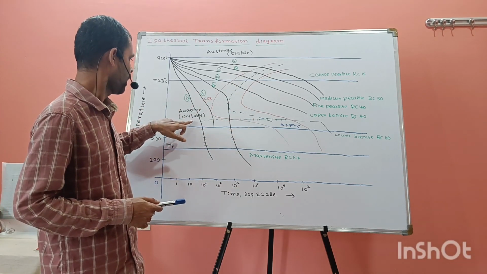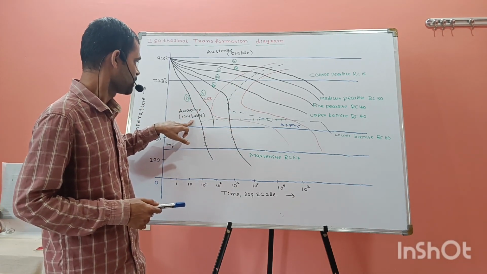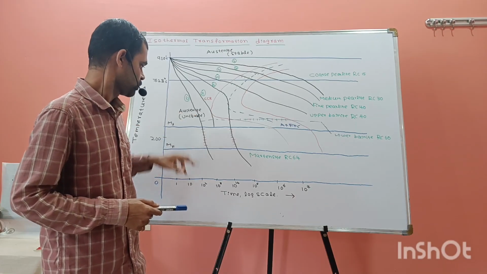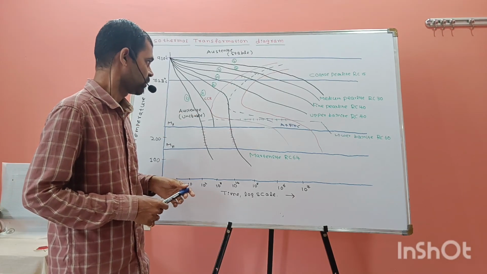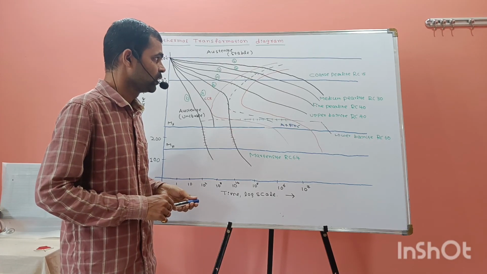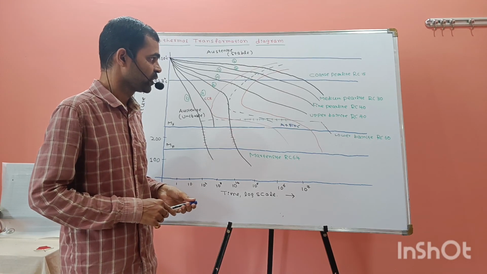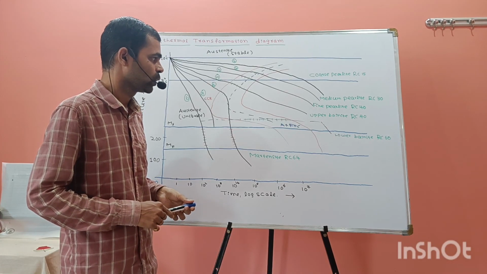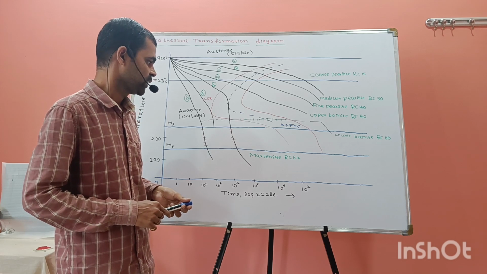Here austenite is unstable. These are the different cooling curves, where coarse pearlite, medium pearlite, fine pearlite, upper bainite, lower bainite, and martensite are formed.